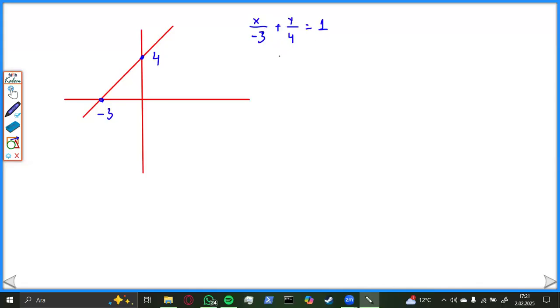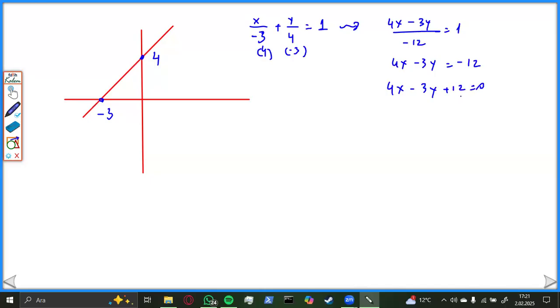After simplifying this equation, 4x minus 3y over minus 3 times 4, minus 12, is 1. In other words, 4x minus 3y is minus 12. So your equation in general form is 4x minus 3y plus 12 is 0.